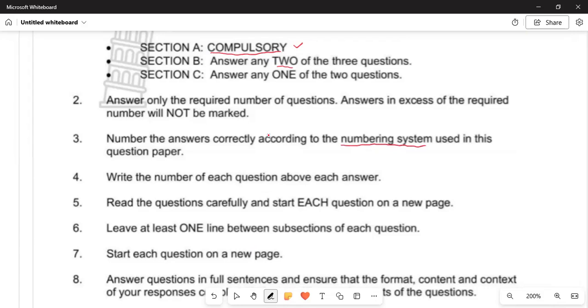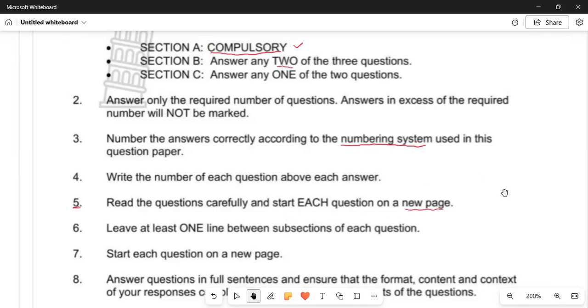You are going to lose marks by failing to number your answers correctly. Another important instruction is number 5: read the questions carefully and start each question on a new page. The other instructions are also important, so go through all of them.